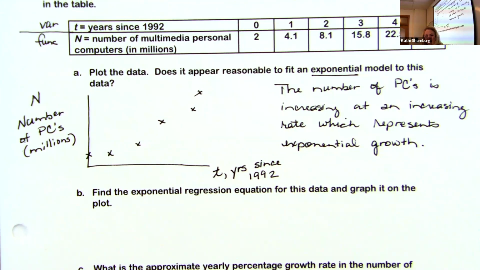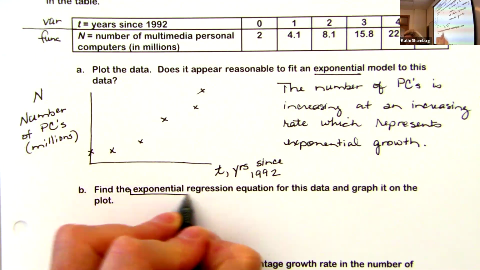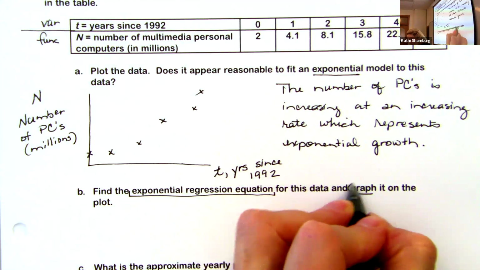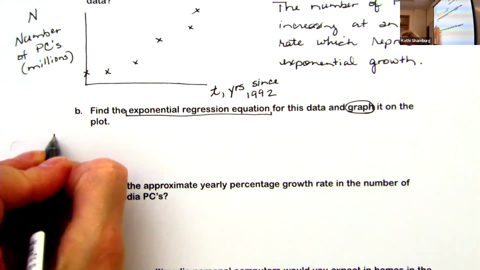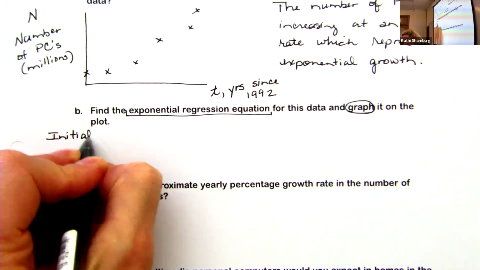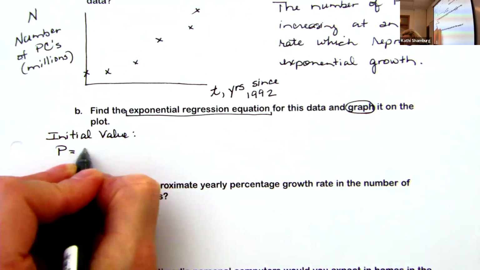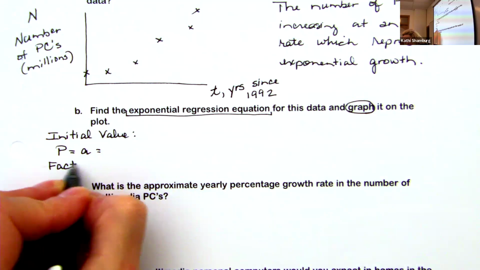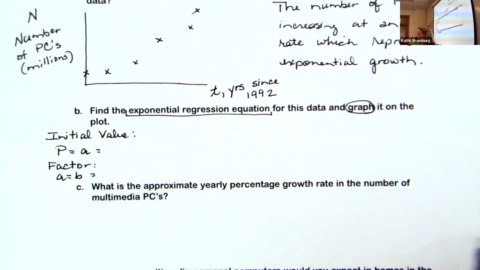Find the exponential regression equation for this data and graph it on the plot. We have to do two things. To find the equation, we need the initial value, P, which is A in your calculator, and then we need the factor, which is B in the calculator.